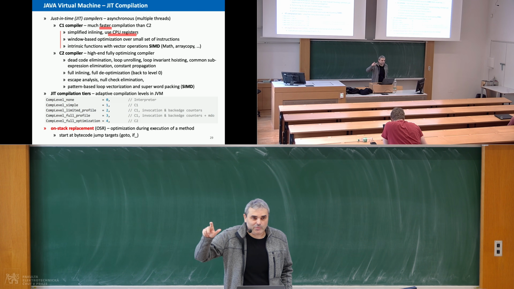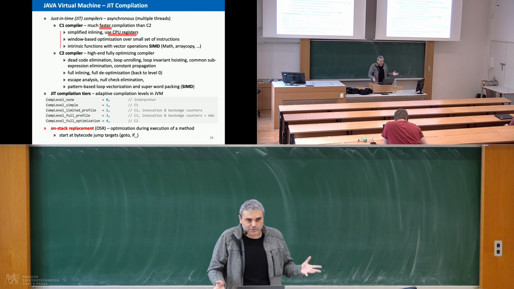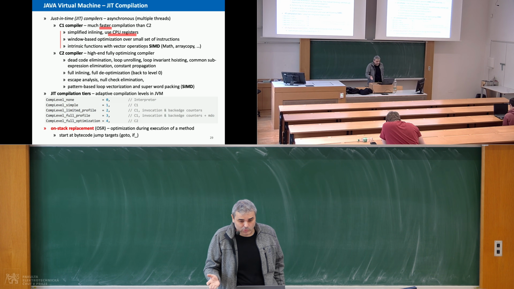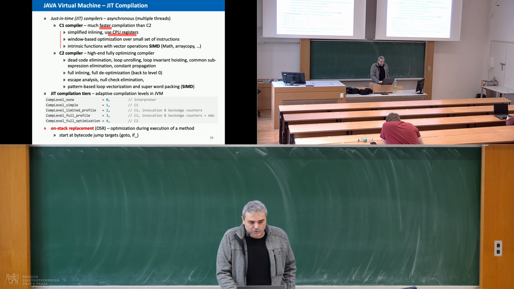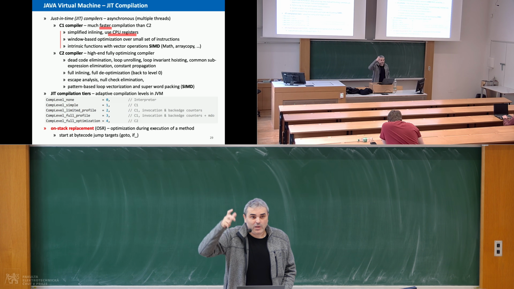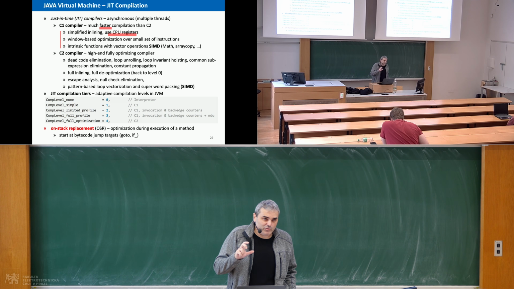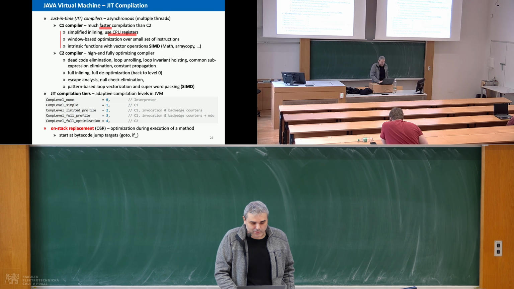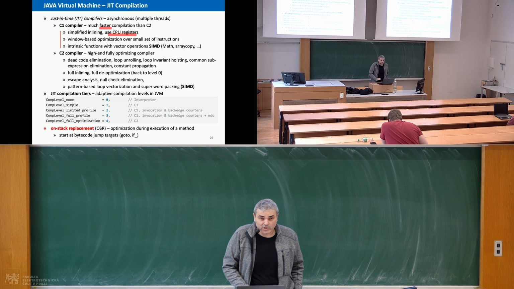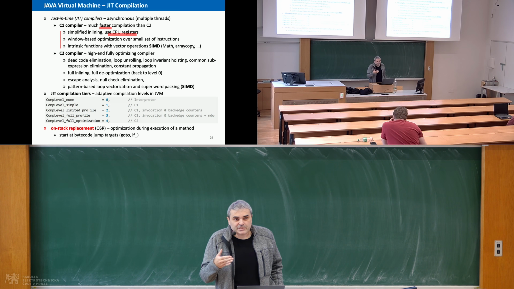Instead of accessing the memory, you can store local variables in registers of the CPU, and those are the fastest memory you have in your computer. It uses a window-based optimization technique. That window has a limited size, so it looks through the bytecode and rewrites it into a better form using that window size, resulting in faster execution, not smaller code. So all of these techniques usually focus on the speed of execution.